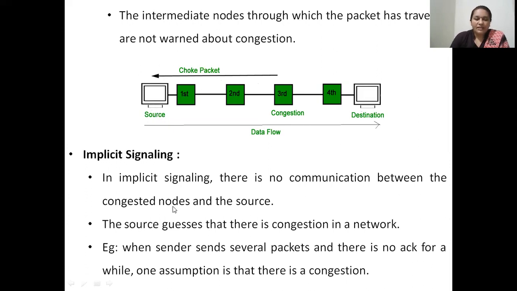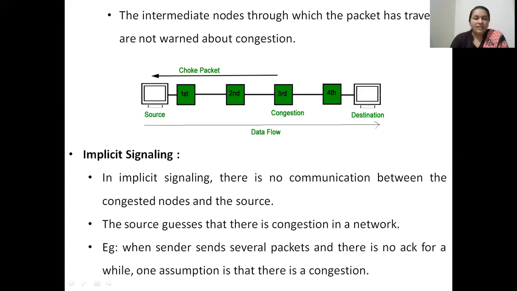The next technique which is used for closed loop congestion control is implicit signaling. In implicit signaling, there is no communication between the congested nodes and the source. The source guesses by itself that there is congestion in the network.